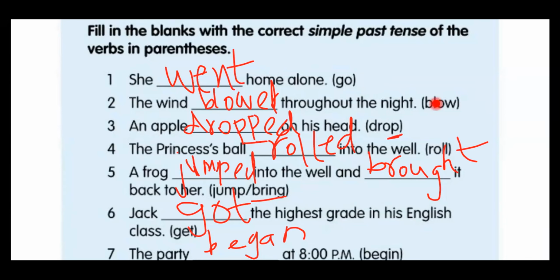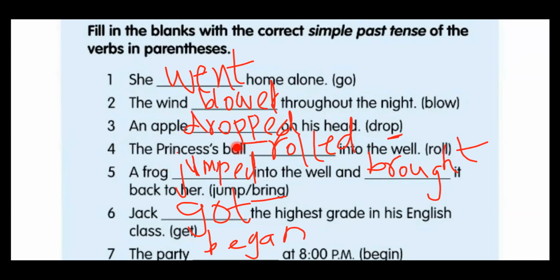The wind blowed throughout the night. An apple dropped on his head.